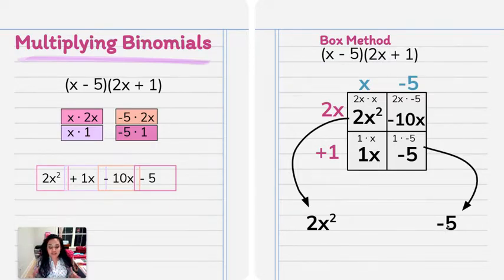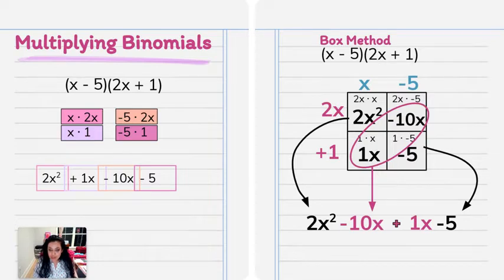As far as what fills up the middle, I'm just going to take those two middle terms that are right there in the diagonal of the box, and I'm going to drop them down to fill in the middle of my polynomial. Now notice there's a strange gap here. Everything else has a sign in between it, that minus sign. So when you have no sign, make sure you put a plus sign. You can't just leave it blank.